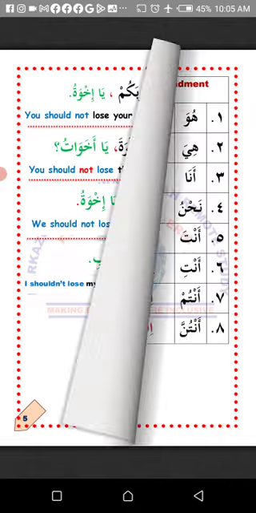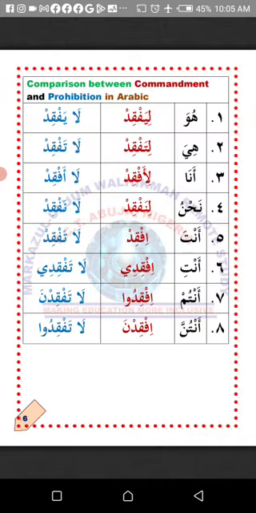ما شاء الله. Now the comparison between أمر, commandment, and نهي, prohibition in Arabic. Number 1. هو, he. ليفقد, he should lose. لا يفقد, he should not lose. Number 2. هي, she. لتفقد, she should lose. لا تفقد, she should not lose. Number 3. أنا, I. لأفقد, I should lose. لا أفقد, I shouldn't lose.